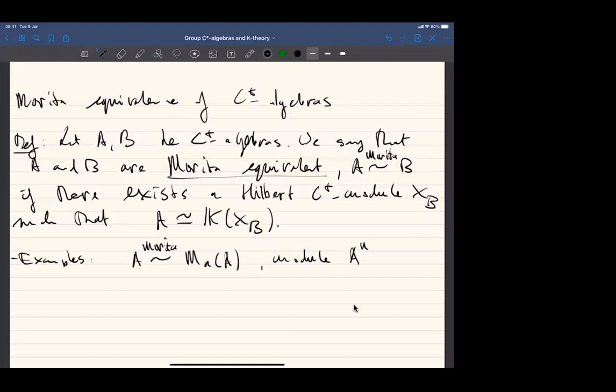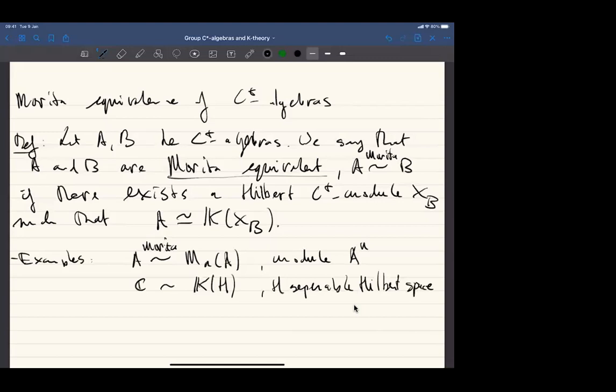But we also have that C is always equivalent to K of H, where H is the separable Hilbert space.